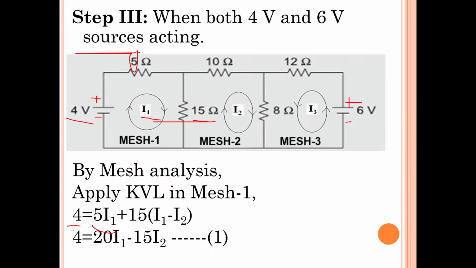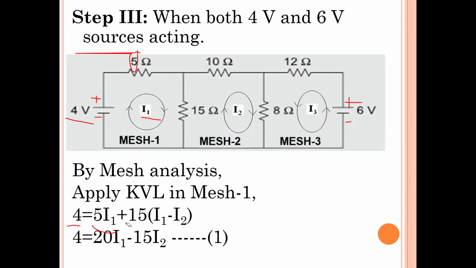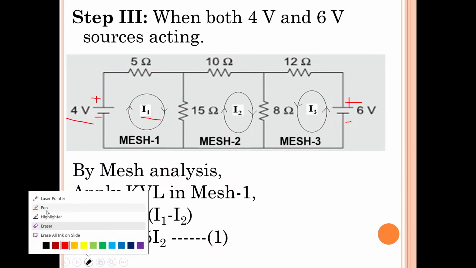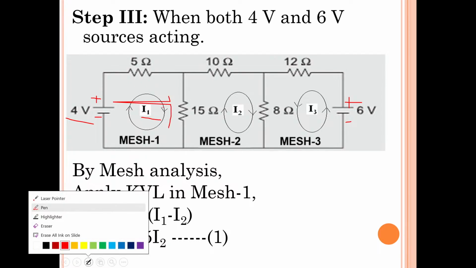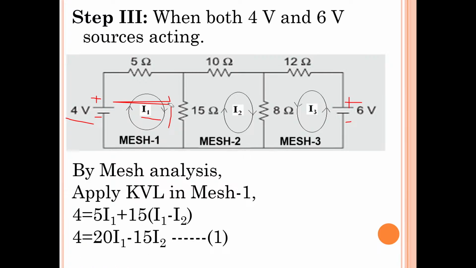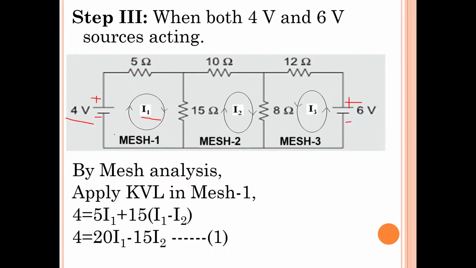In between mesh 1 and mesh 2. The 15 ohms resistor is in between mesh 1 and mesh 2, so both currents will flow through the 15 ohms resistor. Let us see the current direction in mesh 1 beside the 15 ohms resistor: it is downward.